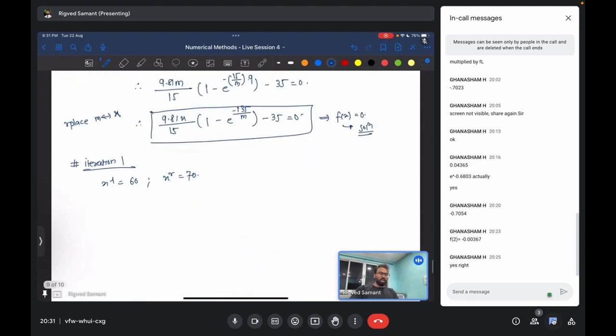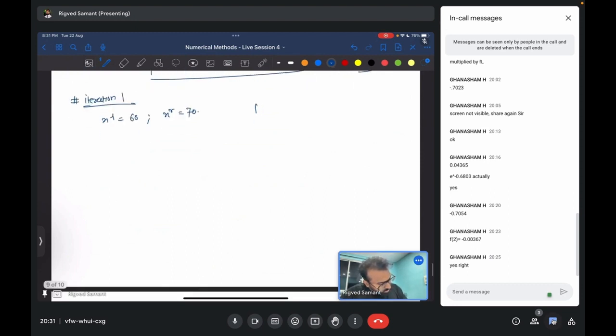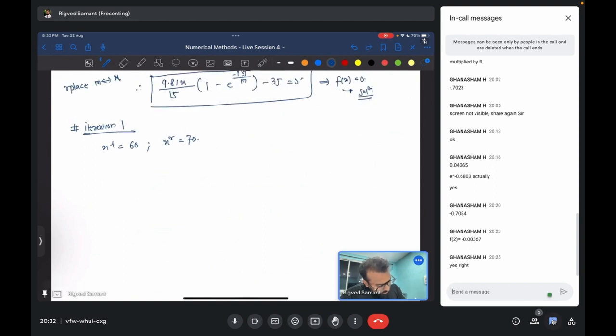So what do you do in Regula-Falsi? Regula-Falsi is x of i plus 1 is equal to XL minus FL into XL minus XR divided by FL minus FR. So you will require FL, FR, right?